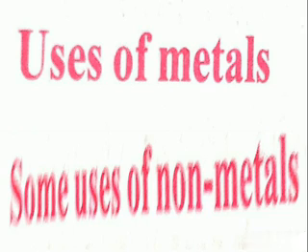Okay, and what are the uses of metals? Have you ever noticed the thin silver foil decorated on sweets and thin aluminium foil used in packing food materials? Silver foil is used to decorate sweets and aluminium foil is used in the inner packing of food materials.